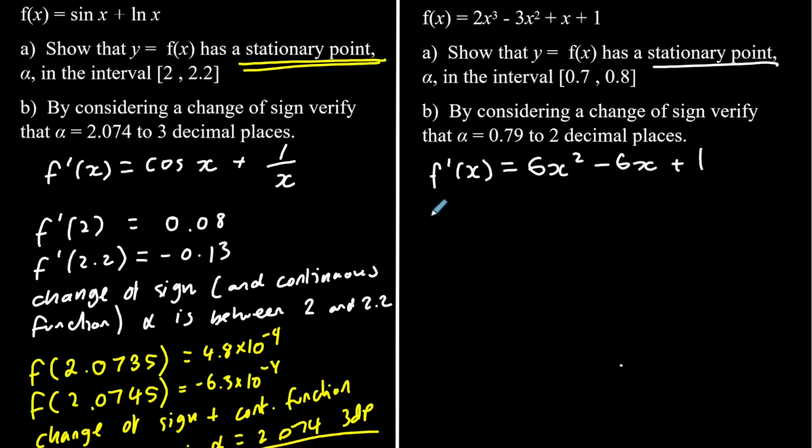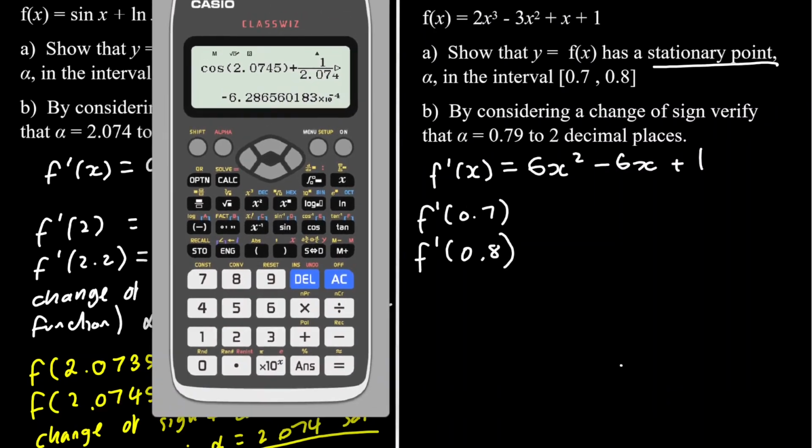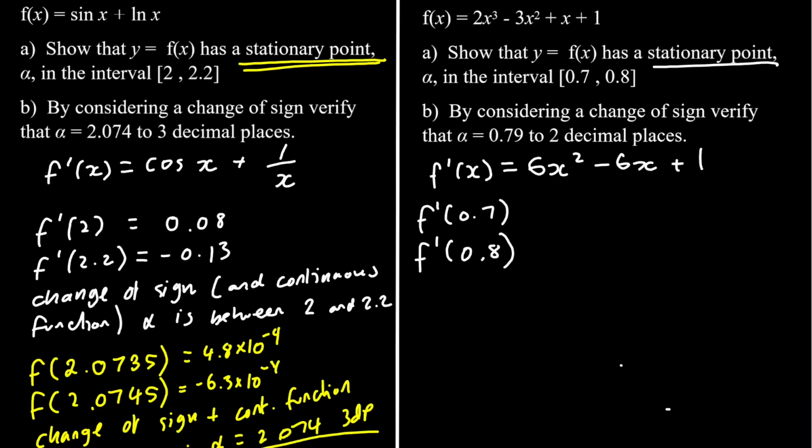And then we'll substitute in our 0.7 and 0.8. So it's 6 times 0.7 squared minus 6 0.7s plus 1. So we get negative 0.26.